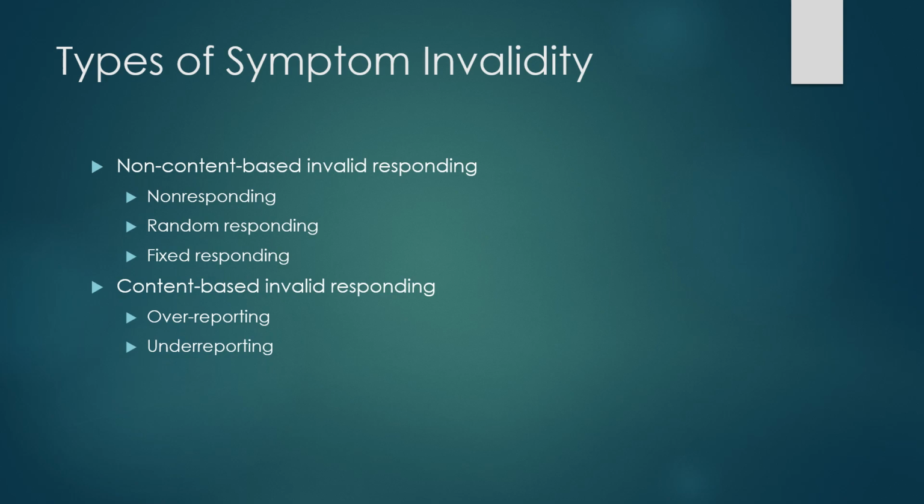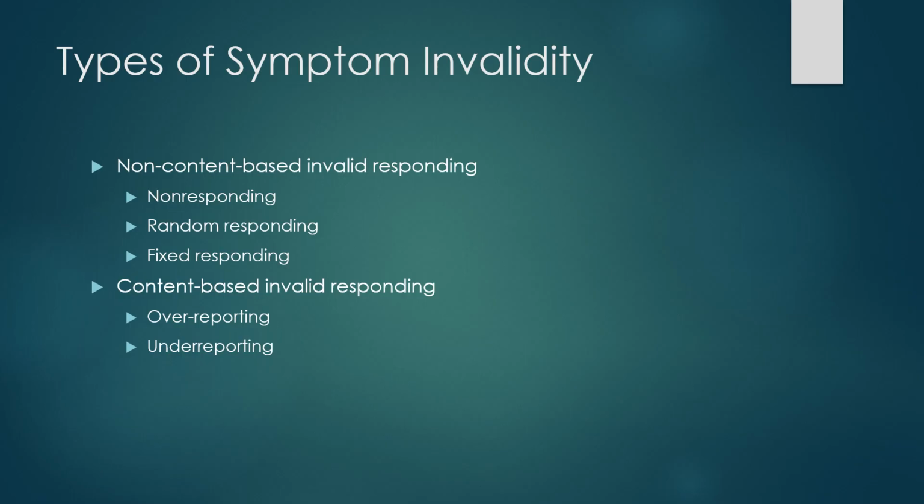And just to note here, under-reporting is kind of unique to symptom validity. With performance validity, we don't really need to be concerned that the patient might be appearing better than they truly can perform. There's really no way to perform better than your true ability on neuropsychological tests.